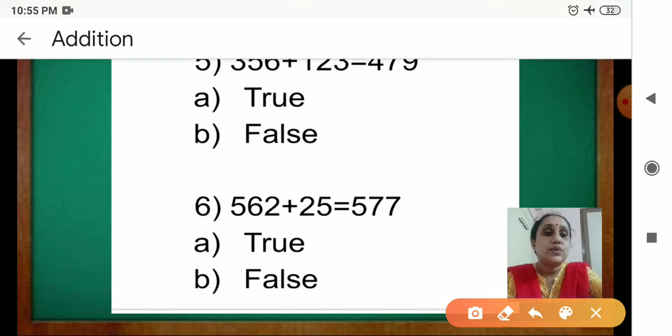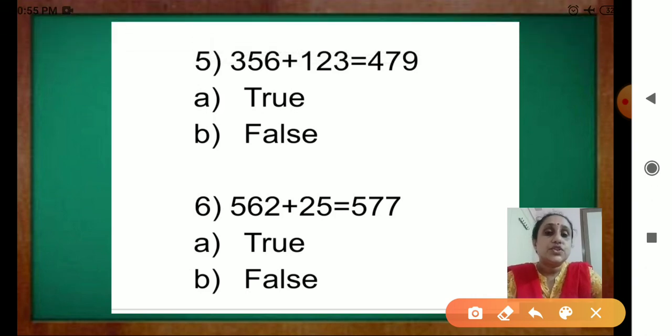Now this one, question 5, 356 plus 123 is 479. So you solve it and see if the answer is correct or wrong. If it is correct, the answer will be true. Yes, you will get 479. So it is true.